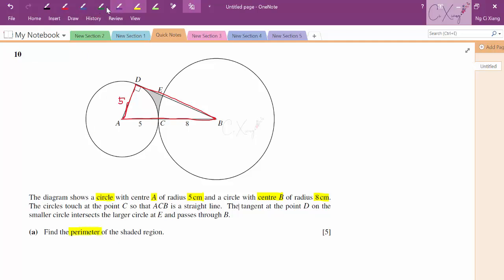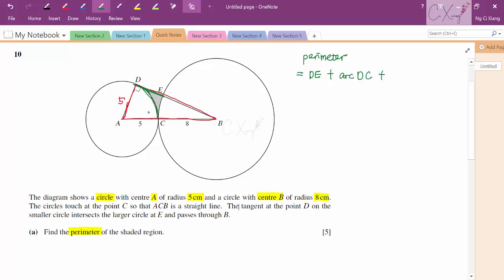So to get the perimeter of the shaded region, generally you can see that it is actually covered by three sides. Okay, the first side will be this one, which is the length of DE. The second side will be this arc, the curve, the arc DC.